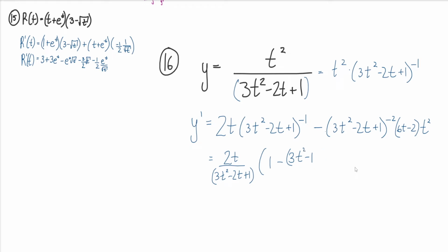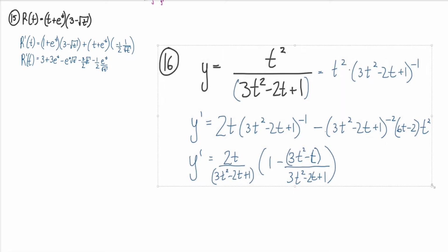So 3t squared minus t, all over 3t squared minus 2t plus 1. Woohoo! I think that's right. Because I factored a 2 out of that, and then I factored a t out of that, and then I took one of those away, so I'm only left with one on the bottom, right? Is that right? Yeah, I think so. Boom. Okay, so that's our y prime.